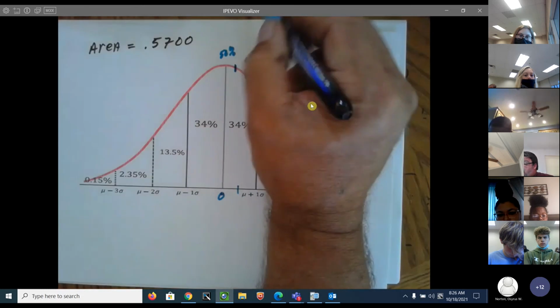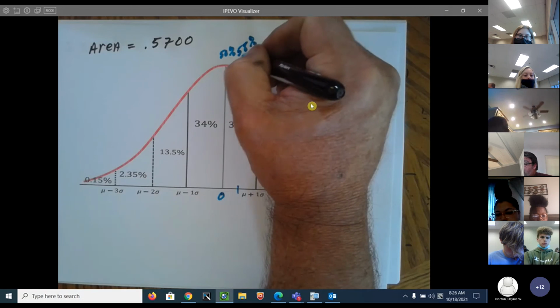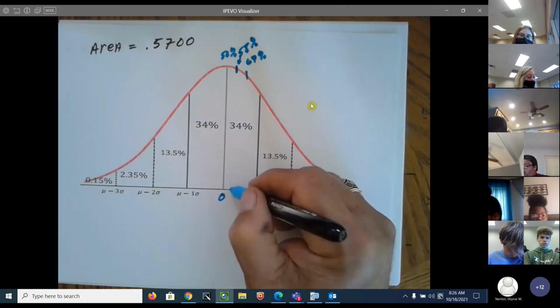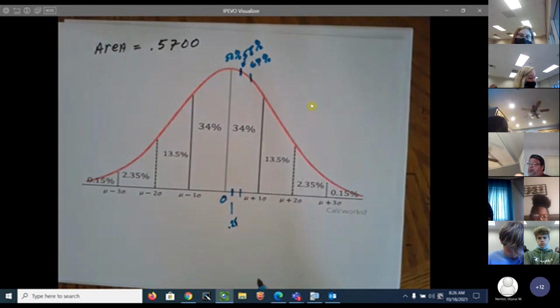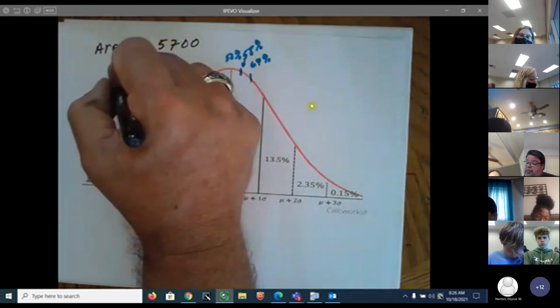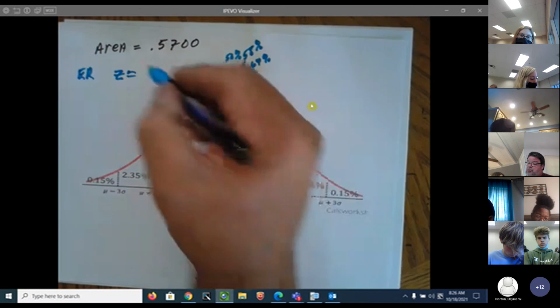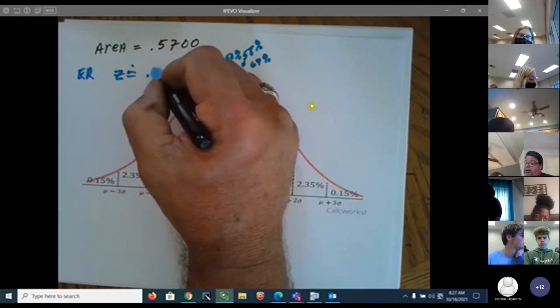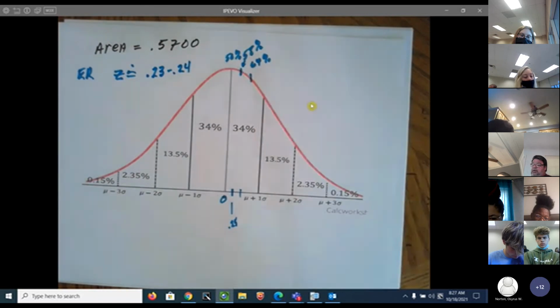So that right there would be 58%. And that would be a quarter, 0.25. So by the empirical rule, I'm going to say that my z-score is going to be around 0.23 to 24. That's by the empirical rule.